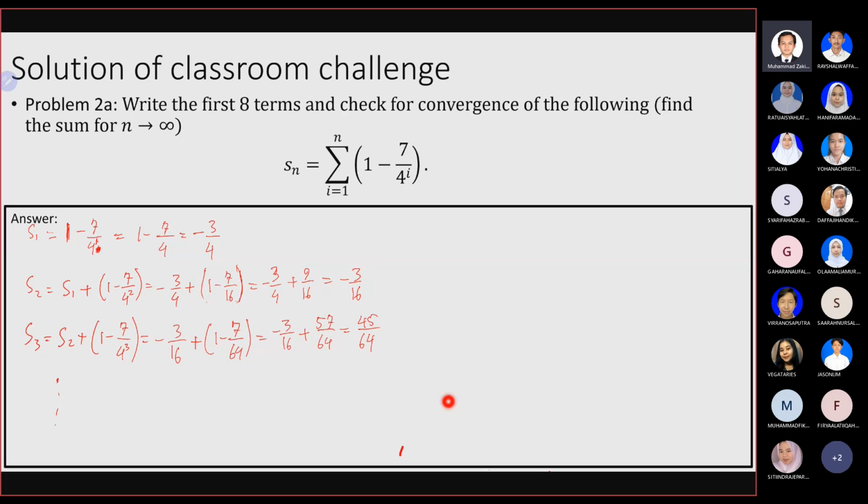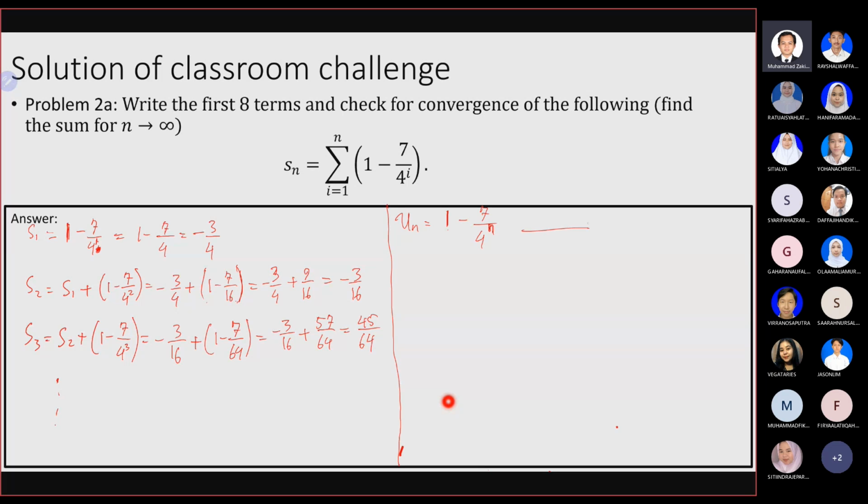And so on. You can try to write them later at home, but let's check for convergence. How to check for convergence here? In this case, we have Un is equal to 1 minus 7 over 4, 4 power n.